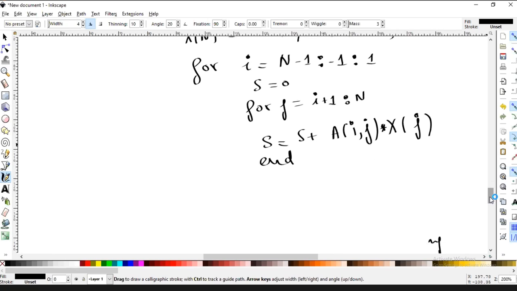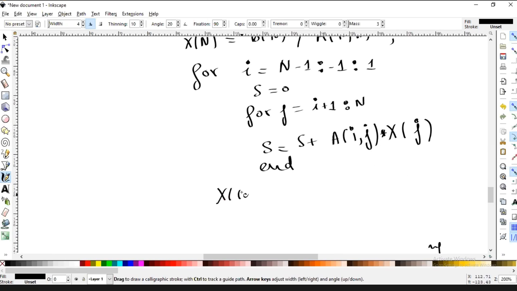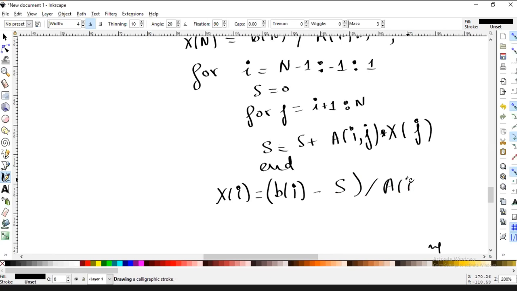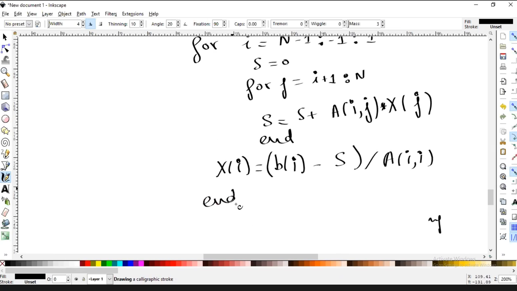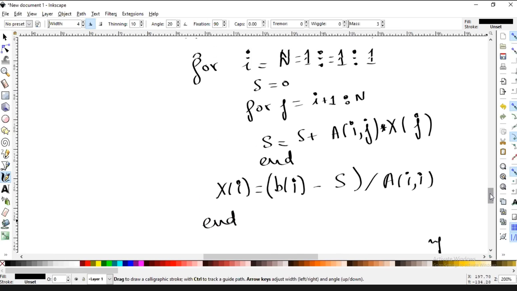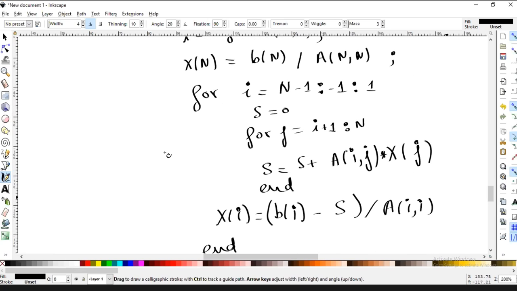And then at the end you calculate xi equal to bi minus s divided by aii. Good.